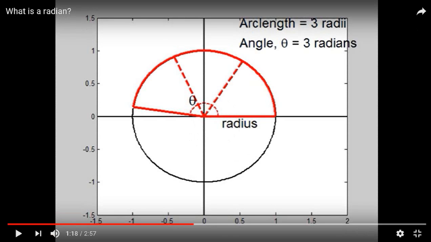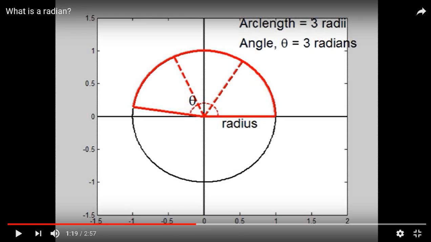Okay, so now the central angle is how big? 3 radians. How much more to get to 180 degrees? 0.14-ish. 0.14159, right?